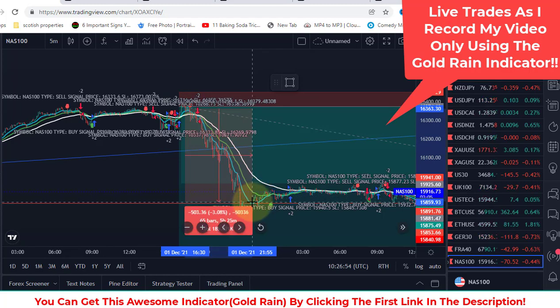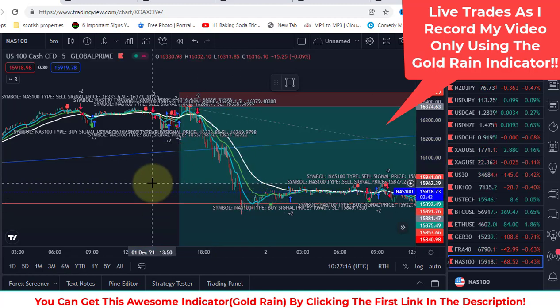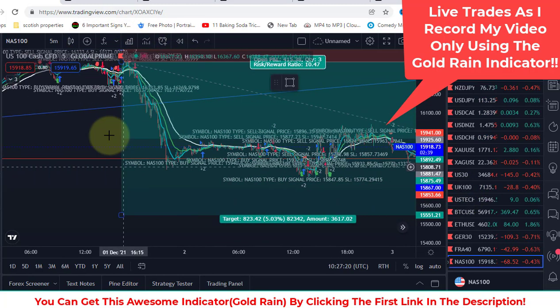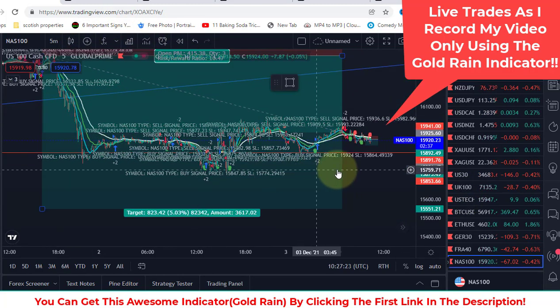I don't know if that's 503 pips, but if it was gold, that would calculate to 500 pips. With Nasdaq, I'm not sure, but what I can see point wise is 50,336 points I cut.